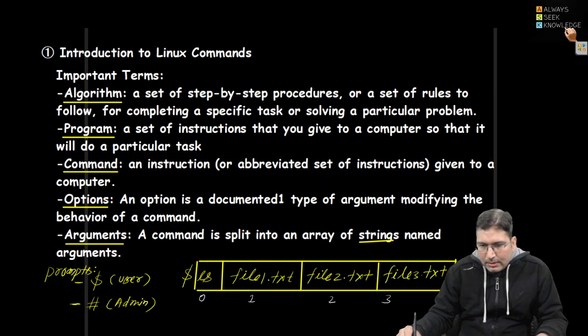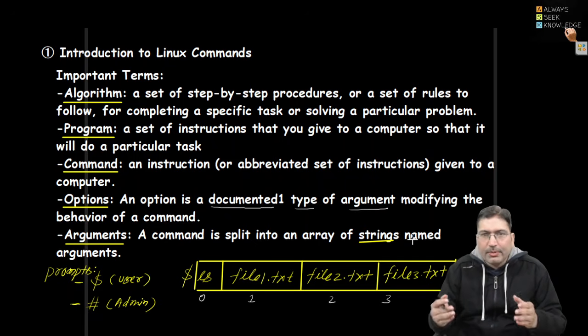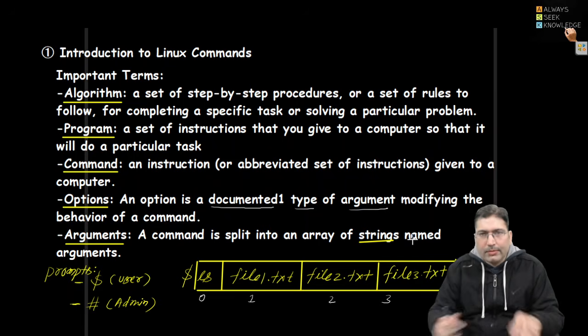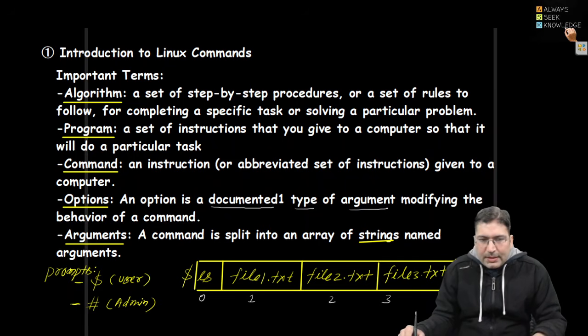You can display all the details or long listing with the l option. So when we put a hyphen and put an option which is valid, which is mentioned in the manual of that particular command, I have written here the documented type of argument. Documented means it is documented in the manual. So that is considered as an option.